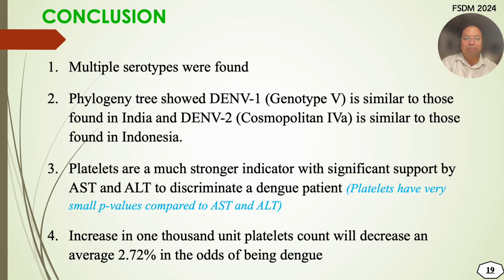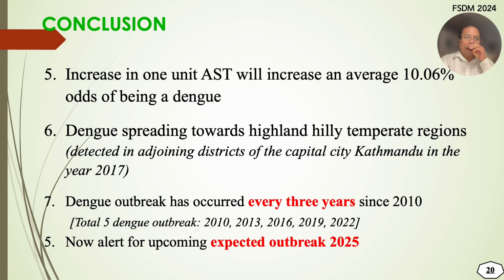Platelets have very small p-values compared to AST and ALT. An increase of 1000 units in platelet count will decrease the odds of being dengue by an average of 2.72%. An increase of 1 unit in AST will increase the odds of being dengue by an average of 10.06%.